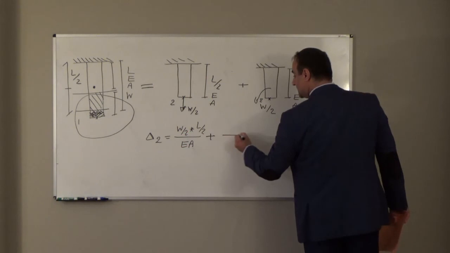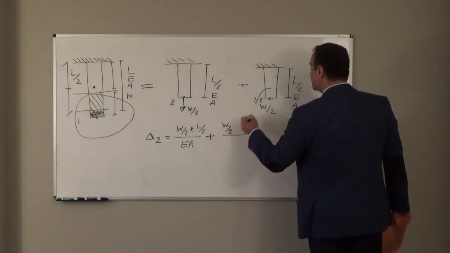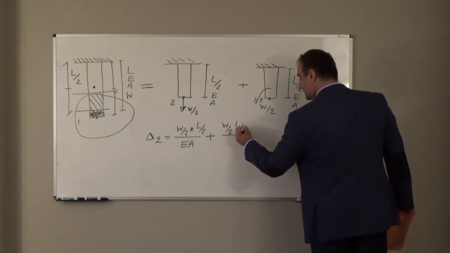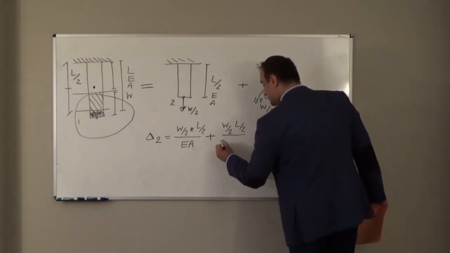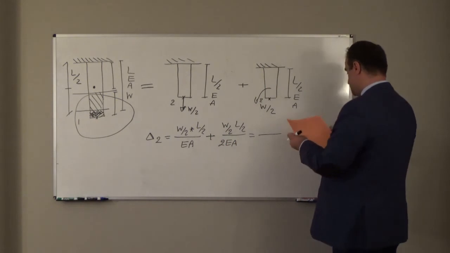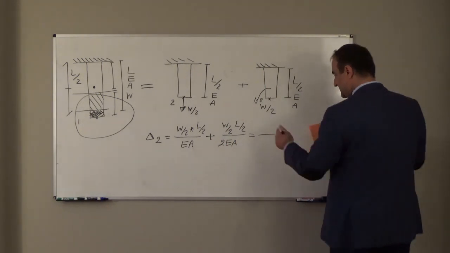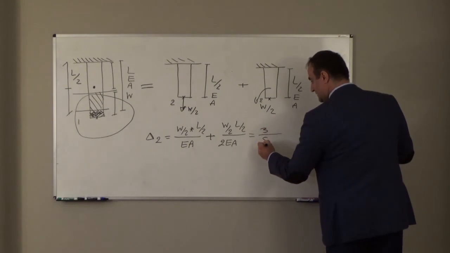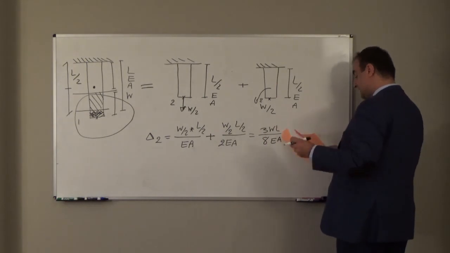That will be the top part self weight, W over 2, times the length, L over 2, divided by 2EA, because this is deformation because of self weight. Finally, this will be 3 over 8 WL over EA. Let's double check.